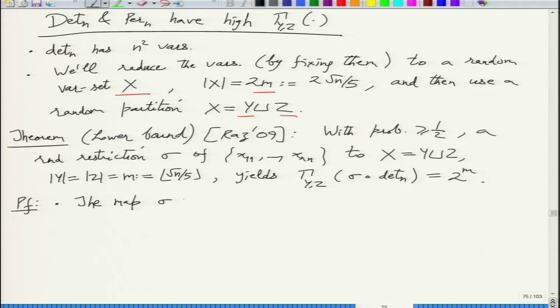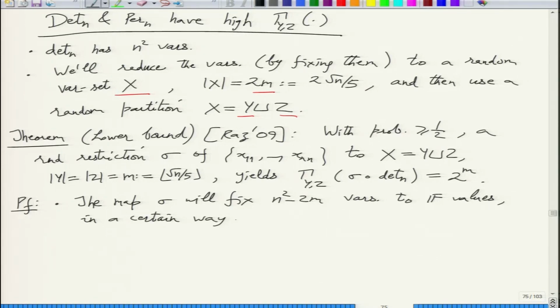So the map sigma will fix n square minus 2m variables to field values in a certain way. The remaining variables we are calling x.